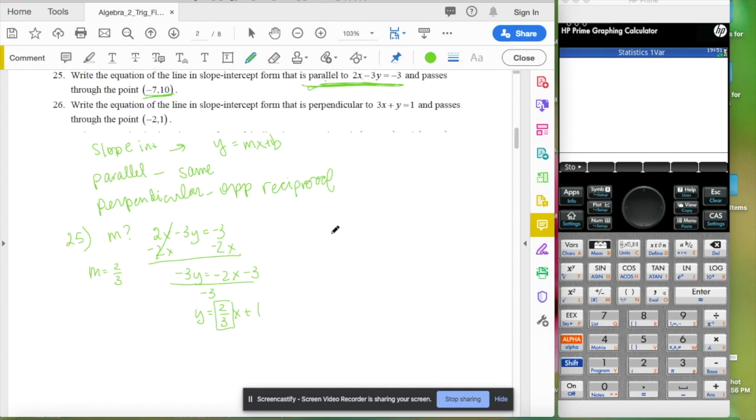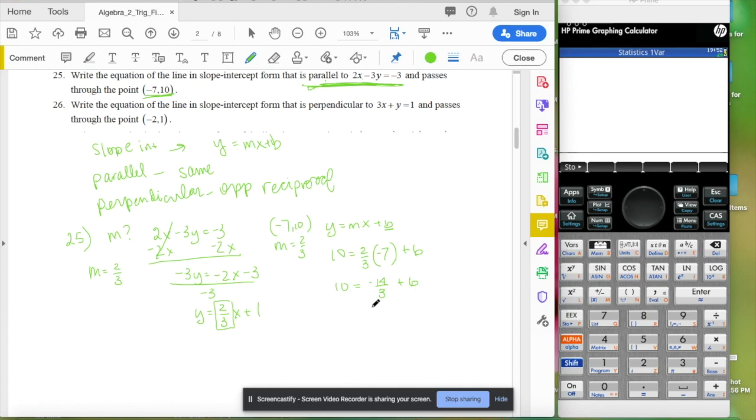We figured out that the slope was 2/3, and the line is going to pass through this point. One way to do that is to plug it into y equals mx plus b and solve for b. We plug in the point -7, 10 and the slope 2/3. So 10 equals 2/3 times -7 plus b, and 10 equals -14/3 plus b.